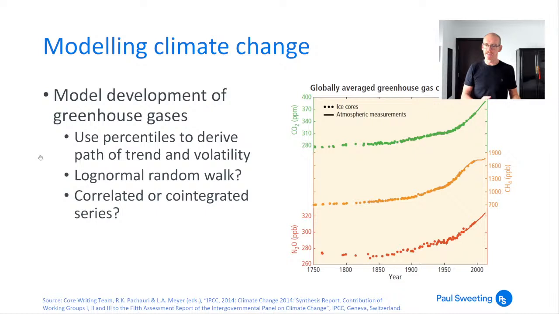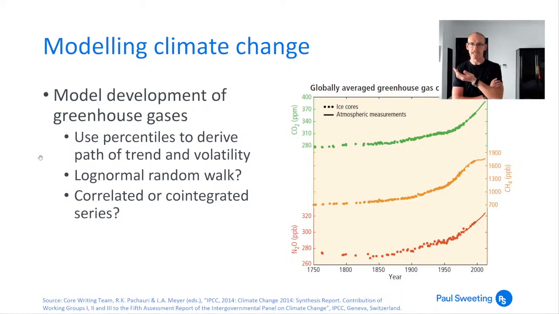So for something like that, you might want to look at co-integration. And co-integration means that the changes aren't so much correlated, but the further away they get pulled back towards each other. So there's a mechanism which keeps the different time series within a particular range of each other.